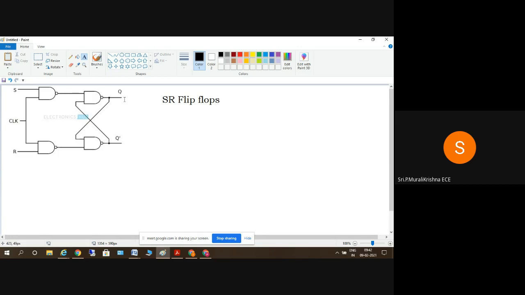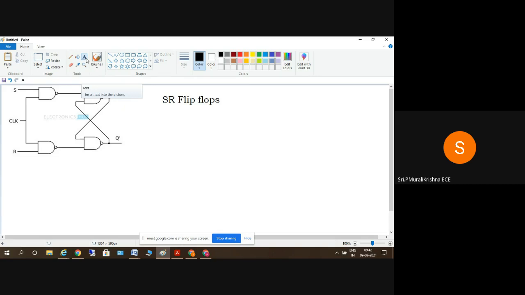With the help of these four cases, we'll see the property of this flip flop. We'll see the truth table first, and afterwards, from the truth table with the help of K maps, we'll derive the characteristic equation.